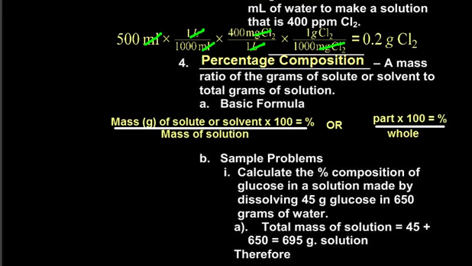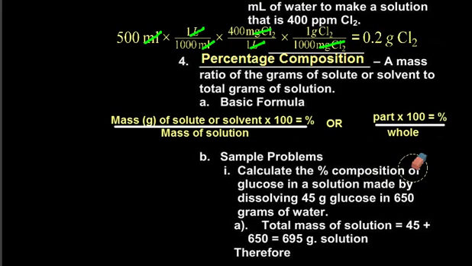Our sample problem is calculate the percent composition of glucose in a solution made by dissolving 45 grams of glucose in 650 grams of water. Well, the total mass of the solution, once the sugar is put into the water, is going to be the 45 grams of glucose plus the 650 grams of water makes 695 grams of solution.